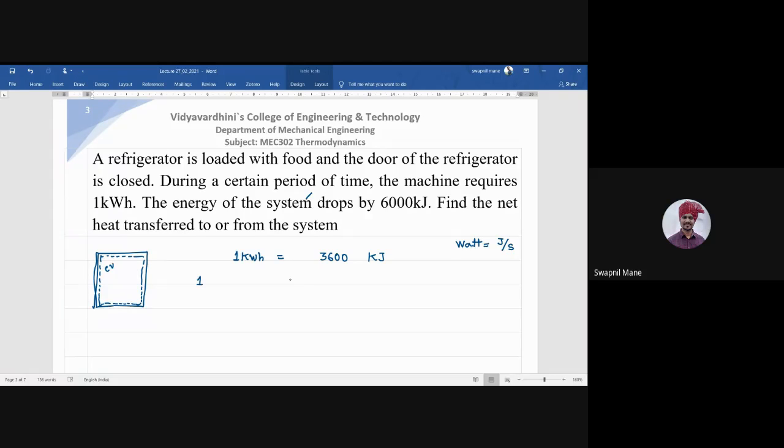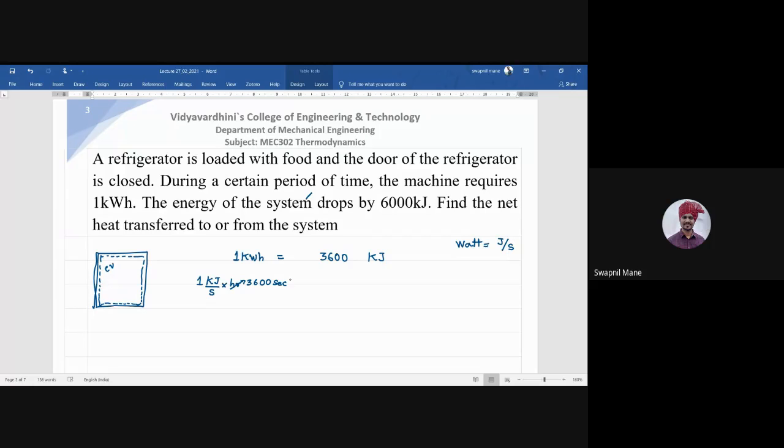So 1 kilojoule per second. In place of kilowatt, I will write kilojoule per second into hour. The hour and second will not get cancelled, and I want them cancelled. So instead of hour, I will write 3600 seconds.